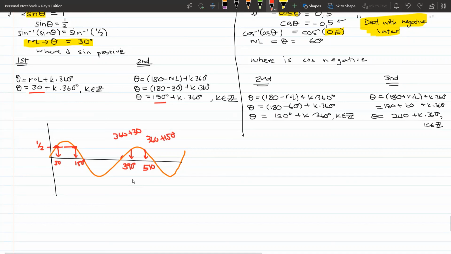That's how we interpret the general solution. Then the next one happens 360 degrees later, so we multiply by 2 times 360 plus 30, and that's where the next solution would be.